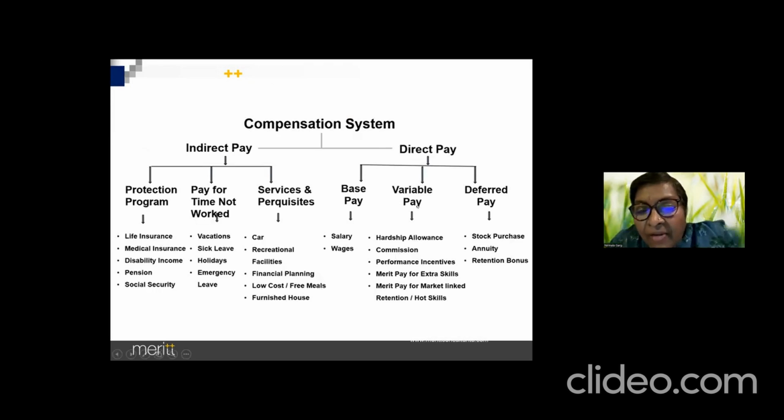So typically when we talk about a compensation system, we say direct pay and indirect pay. All right. Let me deal with direct pay first, because this is where it's very important to understand the basics, and then we carry on. So what is direct pay?